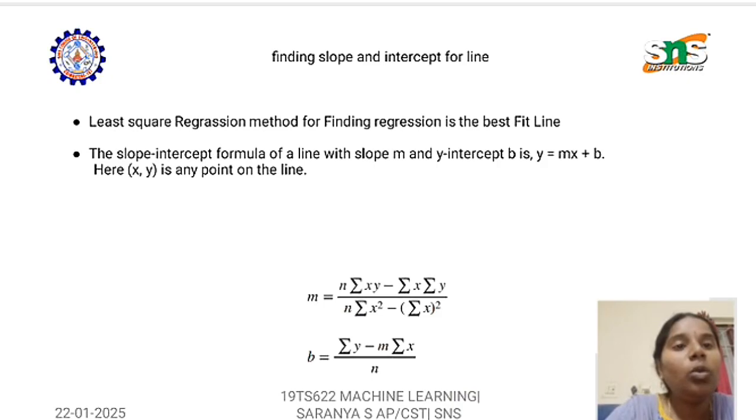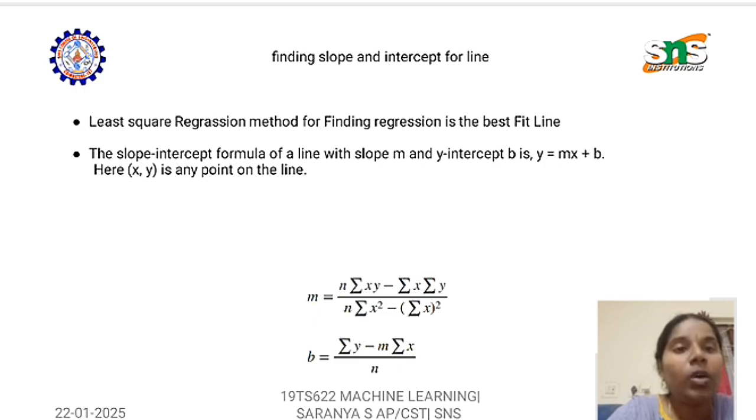To find the slope and intercept for the line, we use the least squares regression method, which finds the best fit line. The line with slope m and y-intercept b is y equal to mx plus b.